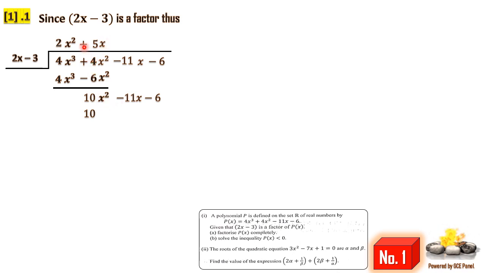So now we say plus 5x times plus 2x gives us 10x squared, and 5x times negative 3 is equal to negative 15x. We subtract again. 10x squared minus 10x squared is 0, and negative 11x minus negative 15x gives us plus 4x. We have not used this negative 6, so we bring it down.